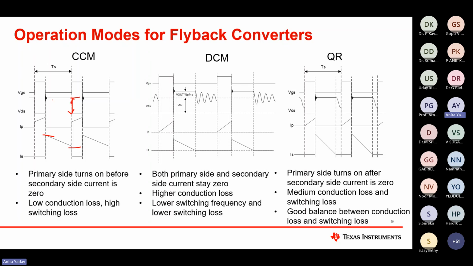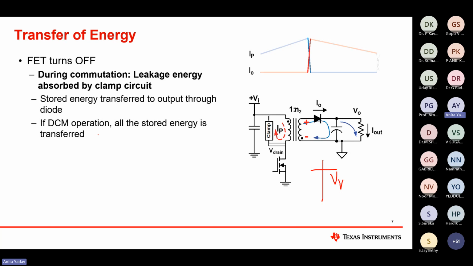Generally, in the real mathematics, it becomes V in plus N times V out, with respect to the turns ratio shown in the earlier slide. So it's a very high voltage. For example, let's say I'm operating my converter at 230 volt AC. The voltage across this bulk cap will be 230 times root 2, which means 325 volt.